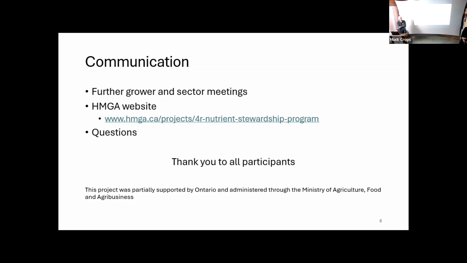The initial phase of this was to see what a program could look like for horticulture. Yeah, because I agree, equipment is a big barrier to some practices that could be improved.